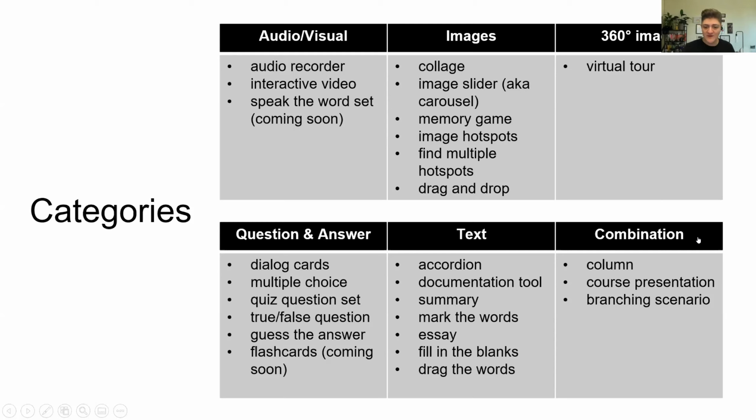And then that combination option at the bottom is just about if you want to use images, text, audio, visual, video, a bit of everything, then those options under that category let you have a bunch of things all in the one content item, whereas the rest are separate, quite specific items on their own.